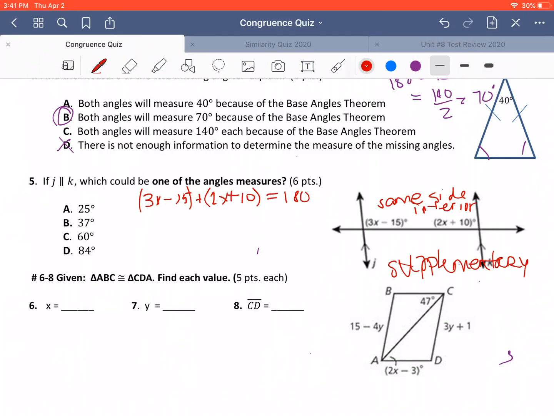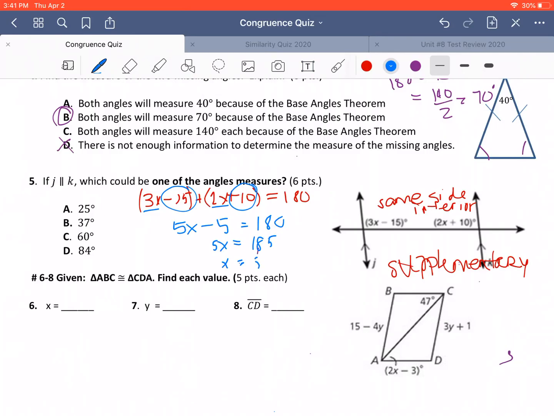If we combine like terms, 3x and 2x, we have 5x, negative 15 and positive 10 makes negative 5, equals 180. If you add 5 to both sides, 5x equals 185. Divide by 5 on both sides, x equals, I believe it's 37.